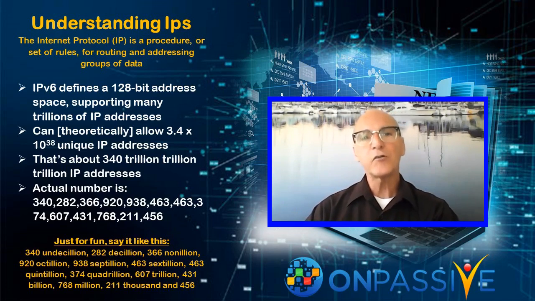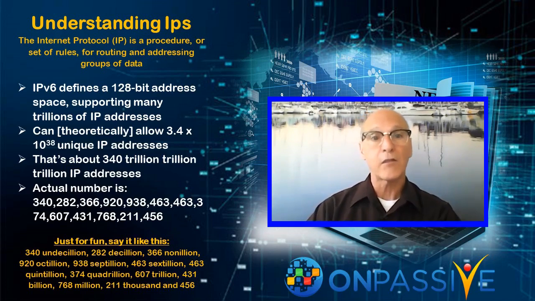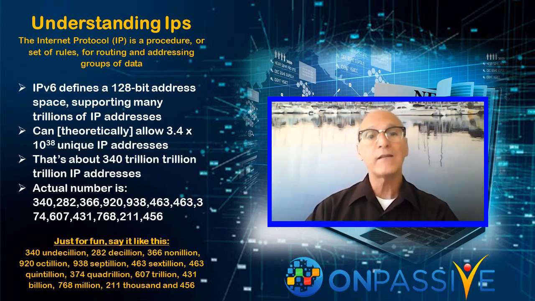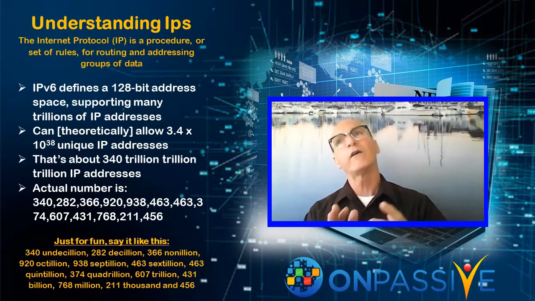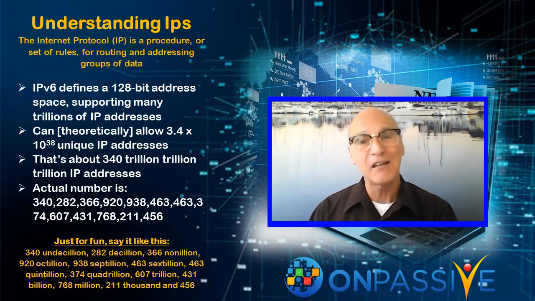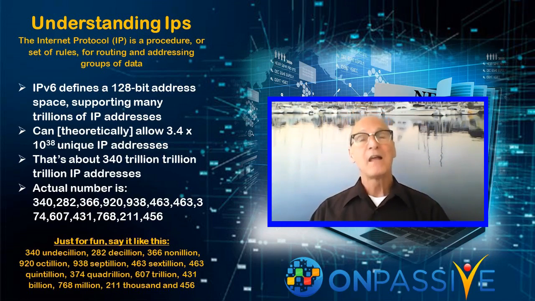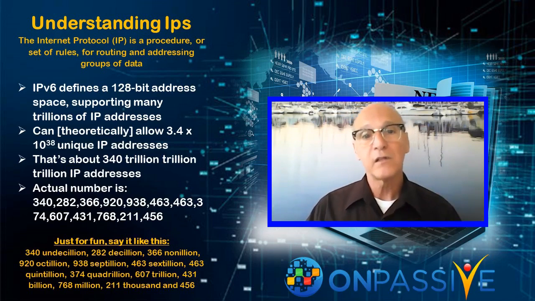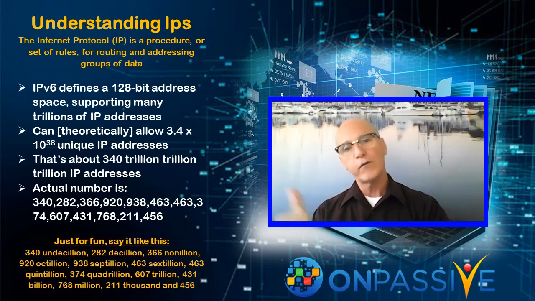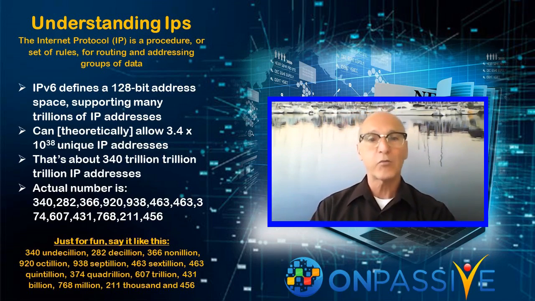And to get a good understanding of this number I just gave you with the 10 to the 38th power, you could read that as about 340 trillion IP addresses. Now, if you really want to get the enormity of it, the actual number is way too big to read. So I'm going to put the text version on the slide, and you can read it because it is crazy.